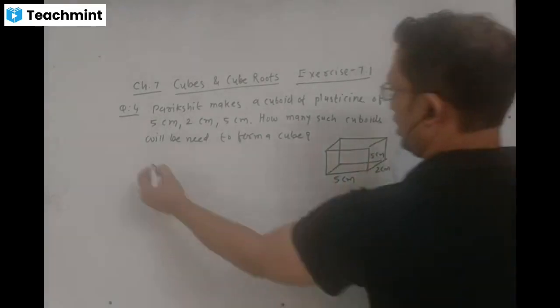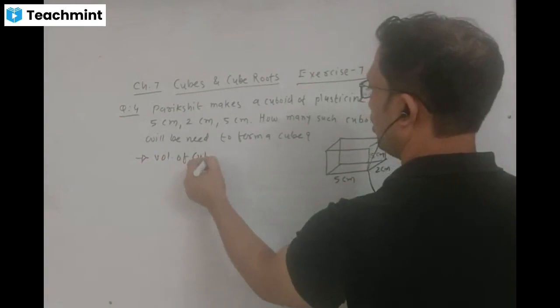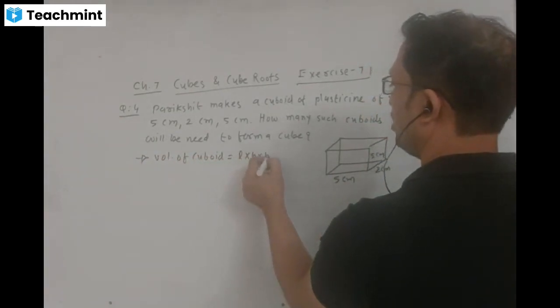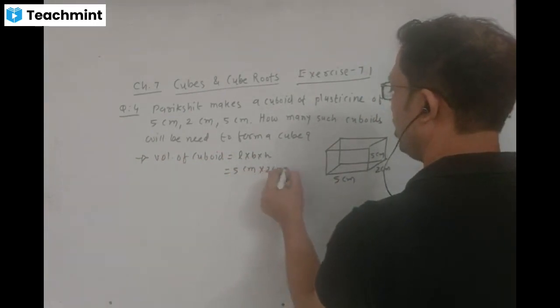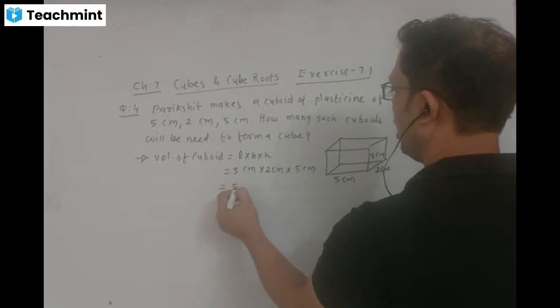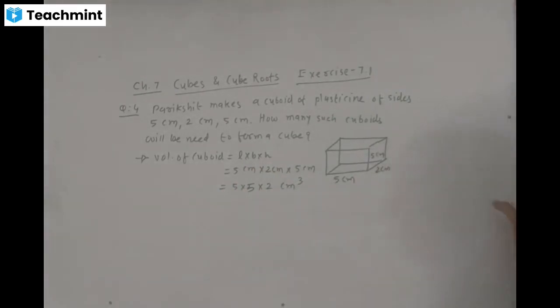Here volume of cuboid is equal to L multiply B multiply H, 5 cm into 2 cm into 5 cm, that is 5 multiply 5 multiply 2 cm cube. Here 5 is two times and 2 is only one time.